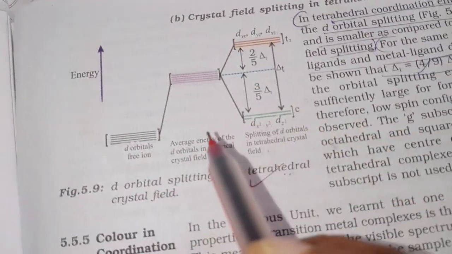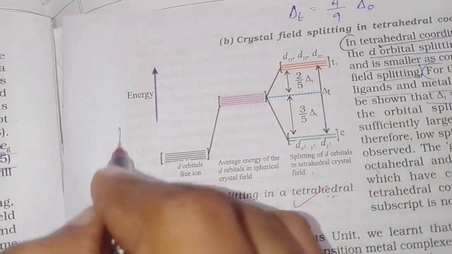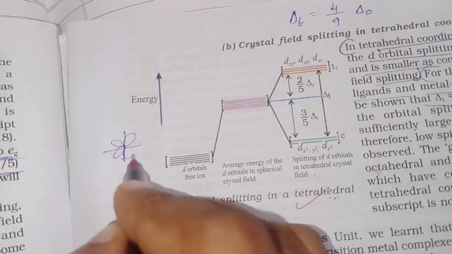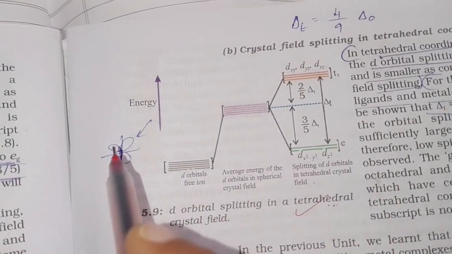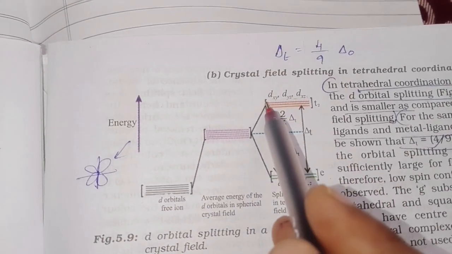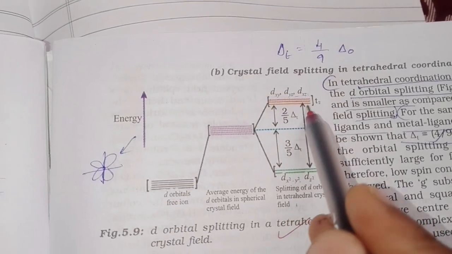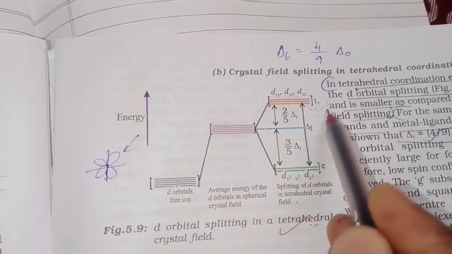The same thing happens in the tetrahedral case also, but it is opposite. Why? Because here the ligands come in between the axis. If they come in between the axis, the orbitals lying between the axes, xy, yz and zx, become higher. Always remember T2g is not used here.